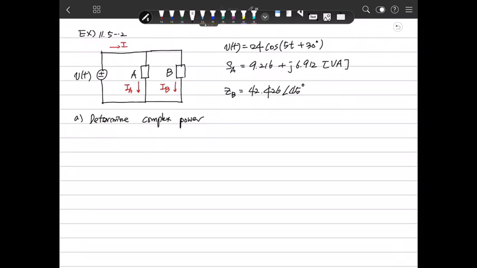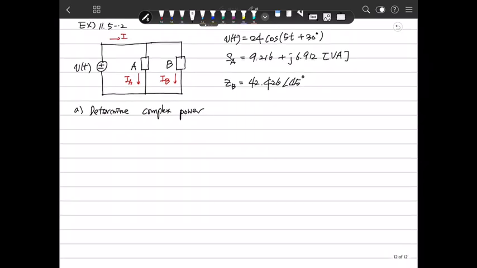So we can calculate the IA at first. SA is half VA and IA conjugate. And actually, the VA is the same as VB, the same as V. That is 24 at 30 degrees, and omega is 5.